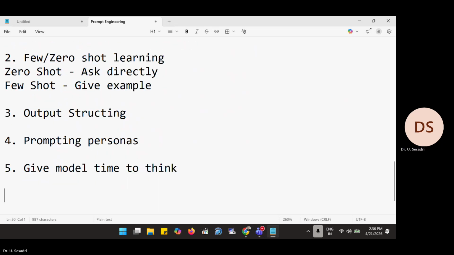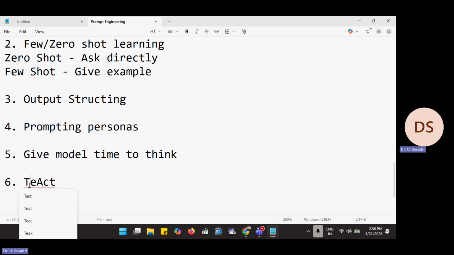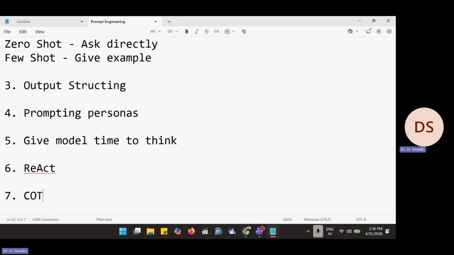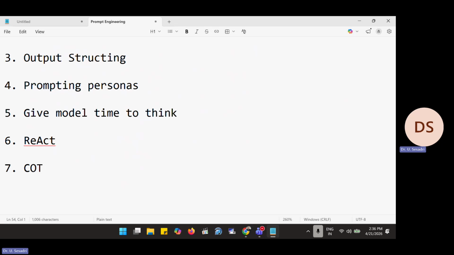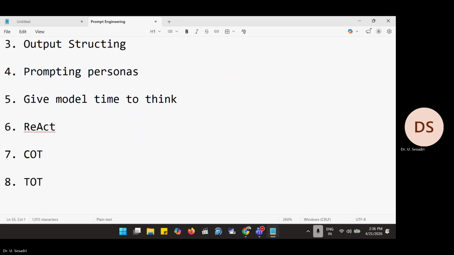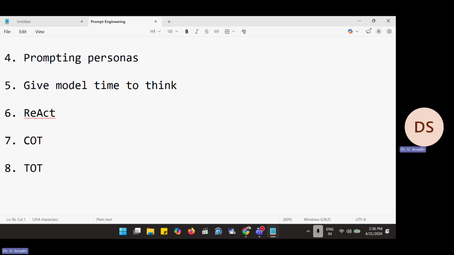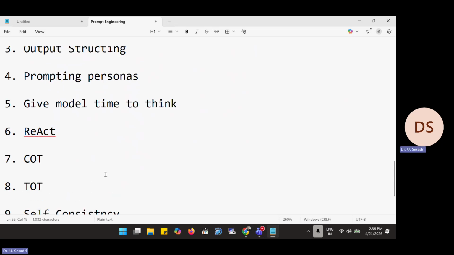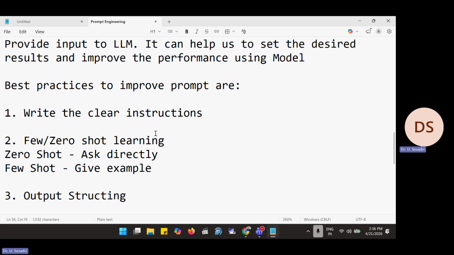And next, another approach is ReAct, that is reason and act. And chain of thought, CoT, tree of thought, and self-consistency. Those are some best practices to improve the prompt.